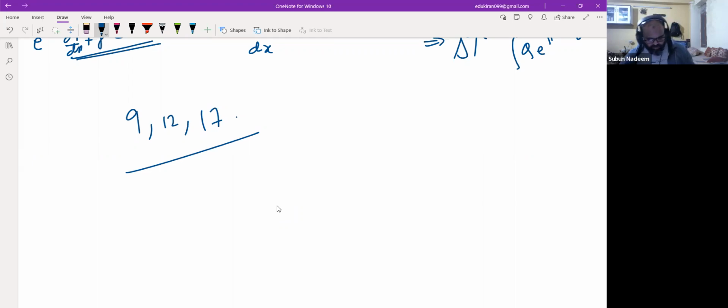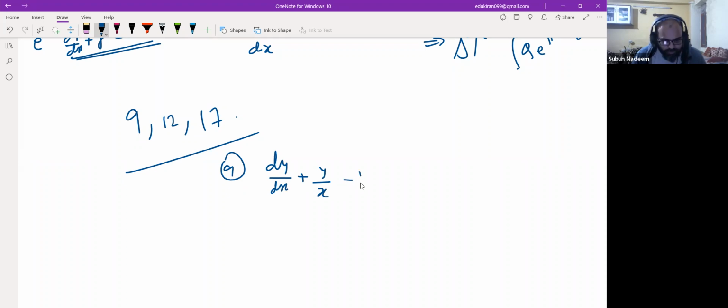One second, I will have to write it first. Because when you write it as dy by dx, it will become plus y by x minus 1 plus y cot x equal to 0.